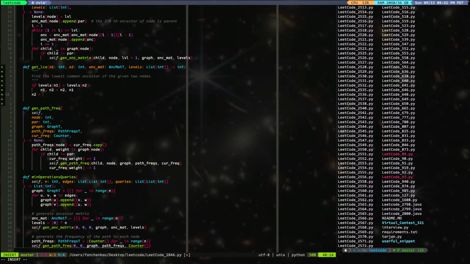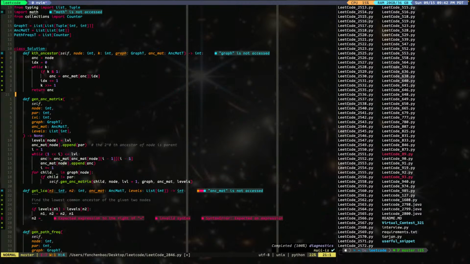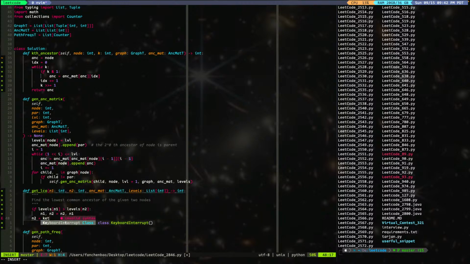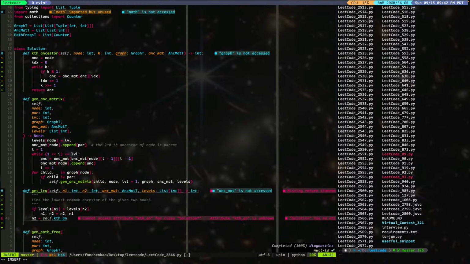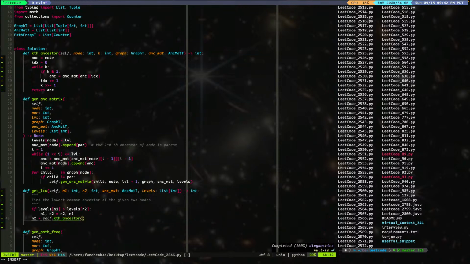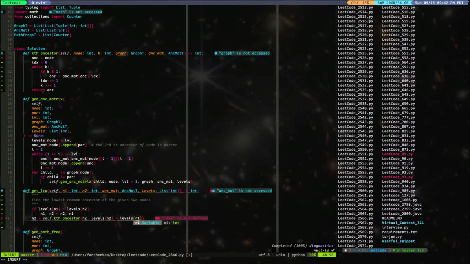So n2 shall equal to self.k_ancestor node, with k being levels n2 minus levels n1.